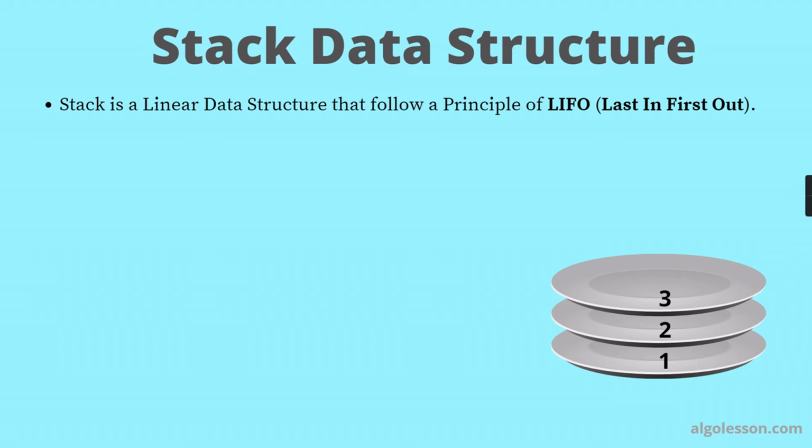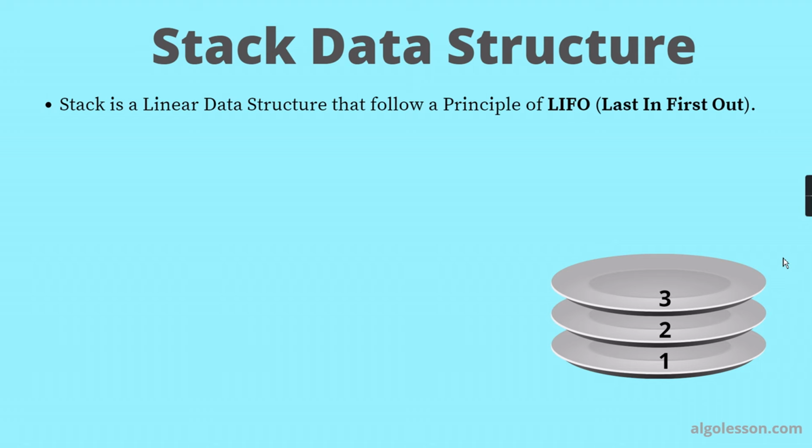So from this we can observe that whatever plate we put in at last, that plate we pick at first. This is known as the last in first out principle, and the stack data structure is totally implemented on this principle.